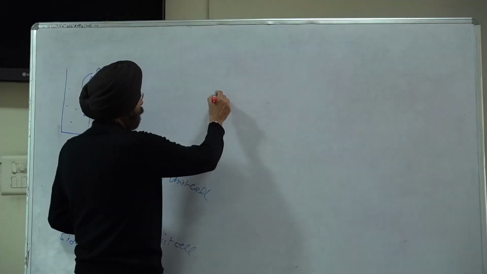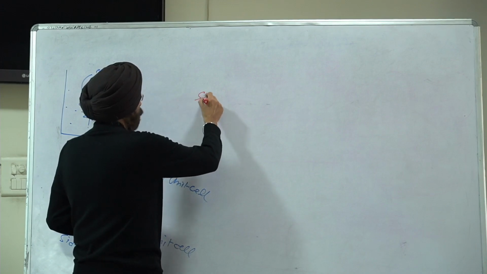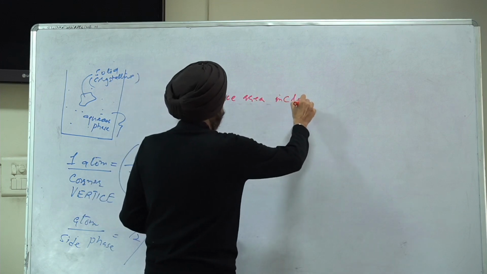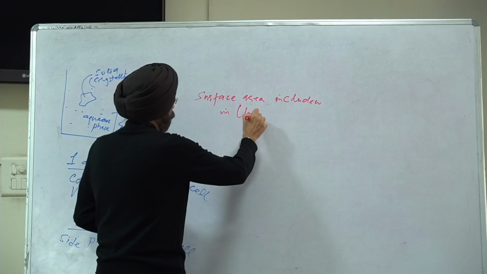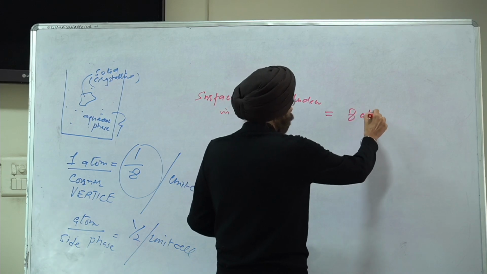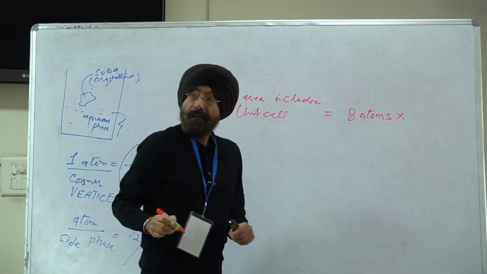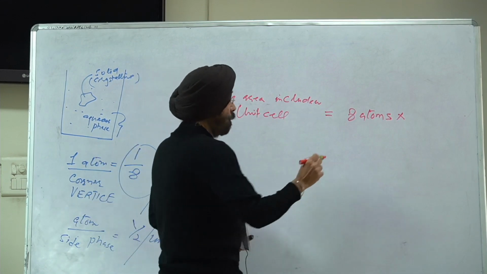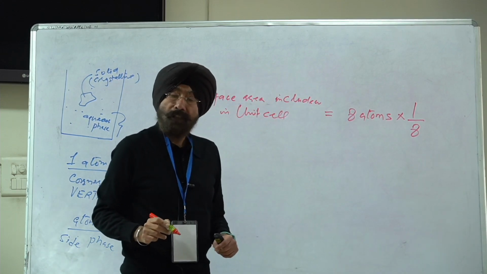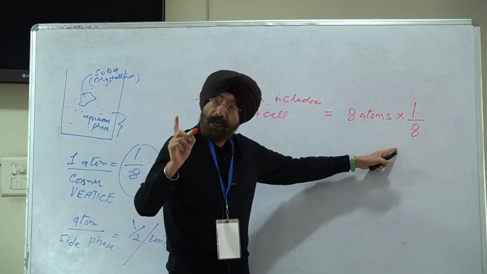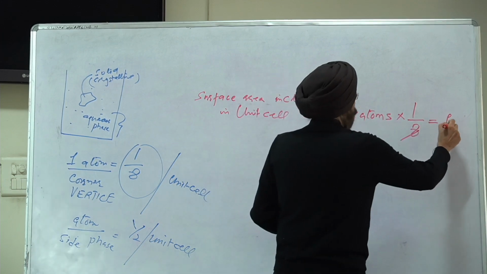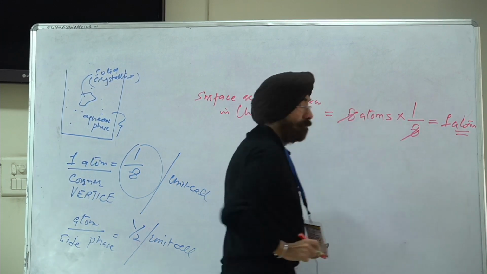So therefore there are 8 atoms, and each atom possesses 1/8 part, or includes 1/8 part, in the unit cell. So therefore, I have total surface area equal to 1 atom.